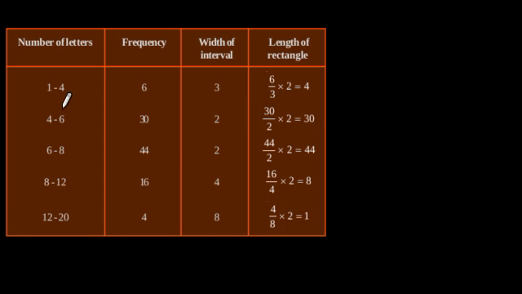So for the first data, the length of rectangle will be 6 divided by 3 into 2, which is equal to 4. For the second data, frequency is 30, so 30 divided by width of interval, which is 2, into 2, is equal to 30. Similarly, we can calculate for all class intervals.